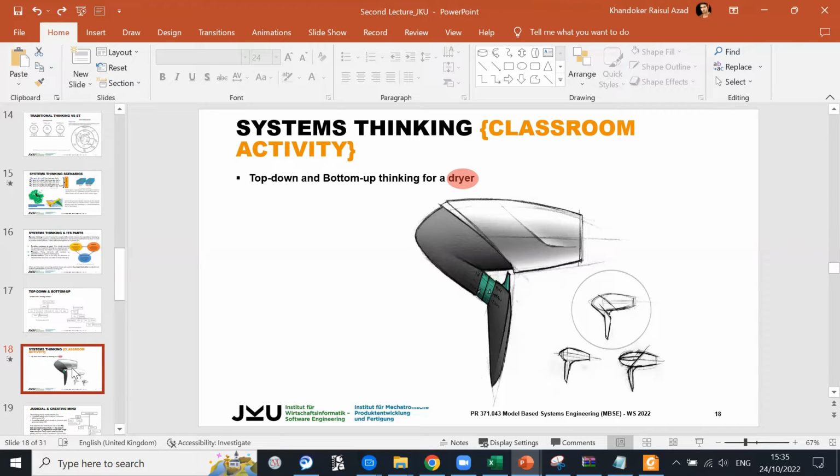If somebody asks you, or if any company comes to us, maybe we are a company now, and they are asking, you have engineers, so please make a hair dryer. Of course, we have to ask so many questions, and that we learn today in requirements engineering.